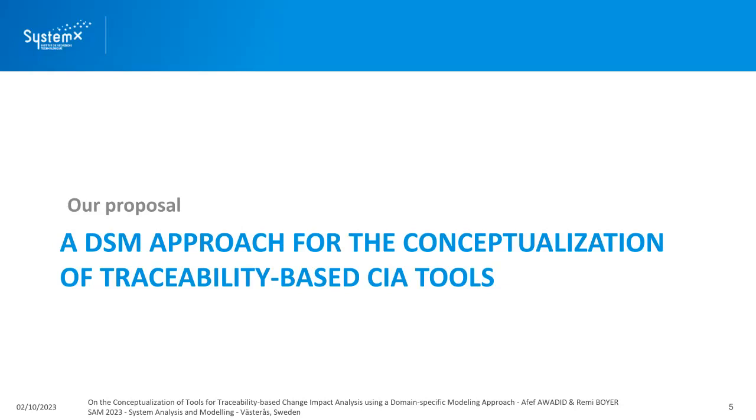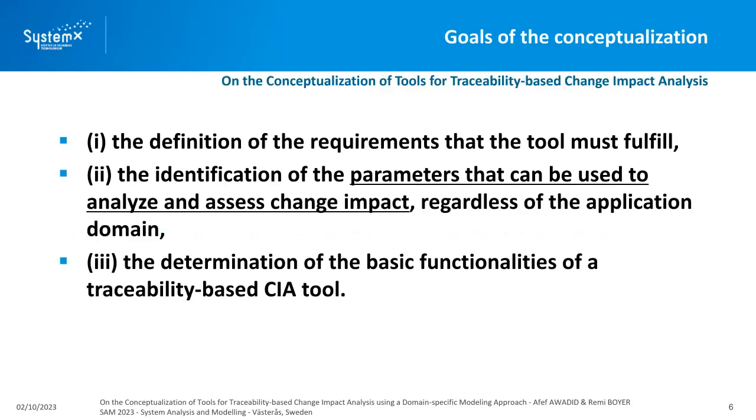And this conceptualization is based on a set of requirements, the identification of the main drivers we want to track. So we call CIA parameters the information we want to track. And we have a first definition of functionalities for tools.